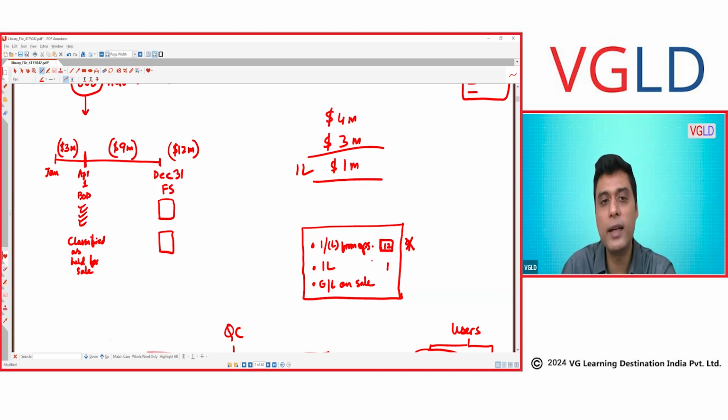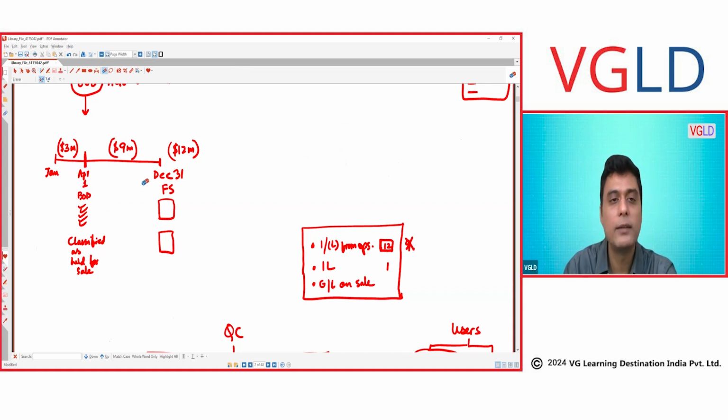And then when it finally gets sold, the actual gain or loss on the sale. Now, in this particular example, which I gave, till December 31 it was not sold. That means when I prepare this financial, there will only be 2 items over here, the loss of 12 and the impairment loss of 1. This will not be there.